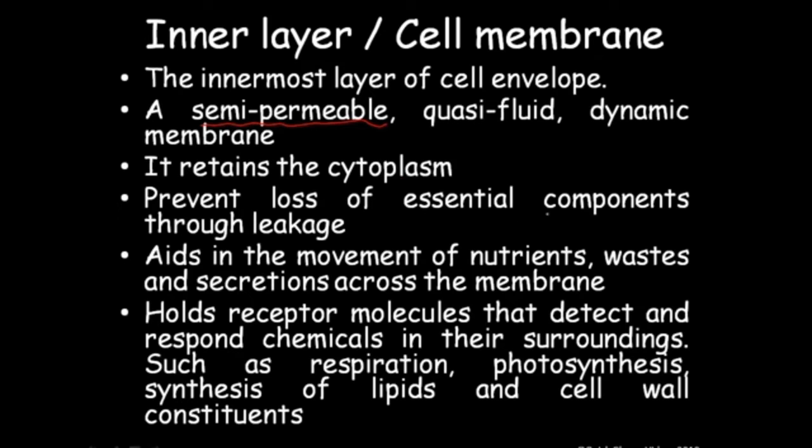It prevents loss of essential components through leakage, aids in the movement of nutrients, waste, and secretions across the membrane, and holds the receptor molecules that detect and respond to chemical changes in the surroundings. So it's one of the structures which helps to hold the cytoplasm and responds to the inner and outer chemical composition. Also it prevents the leaking of the components of the cell.